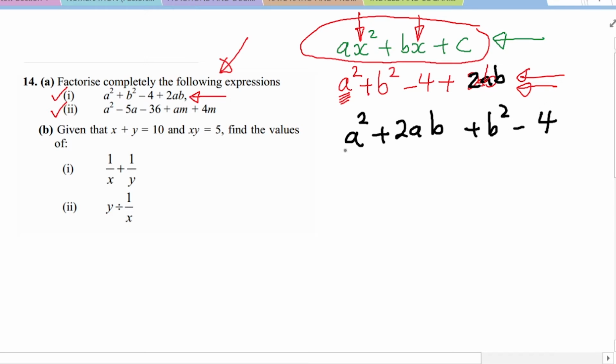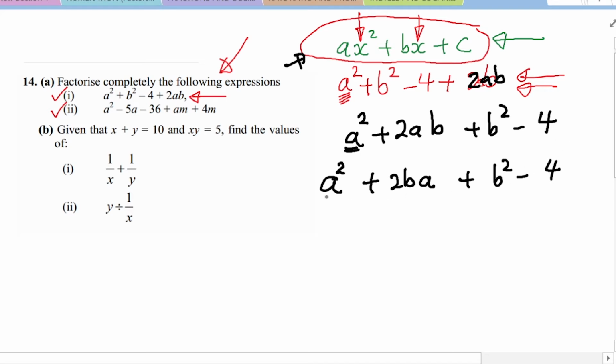So after doing that, since my a is like my x in the general expression, let me say this is like x squared plus 2bx plus b squared minus 4.